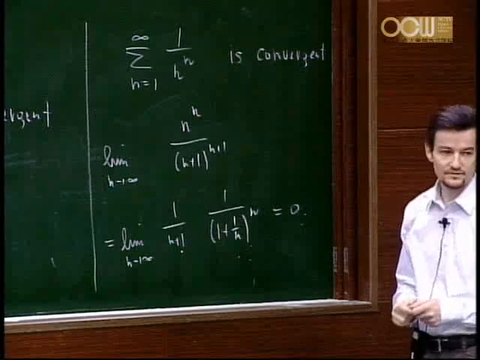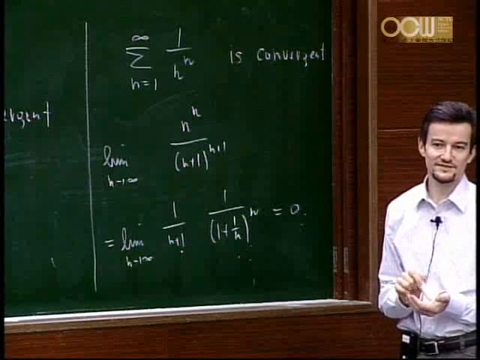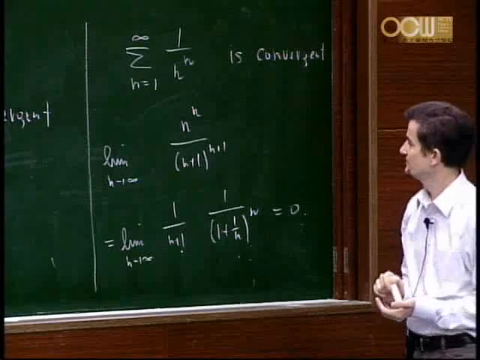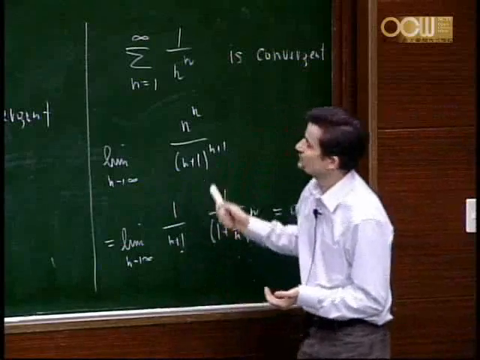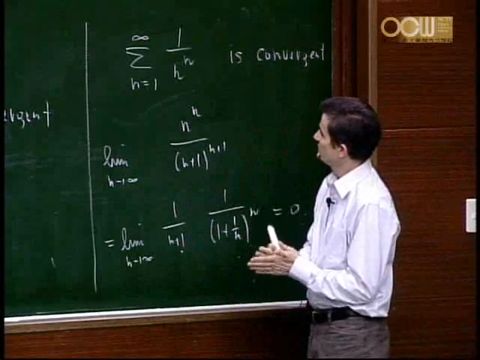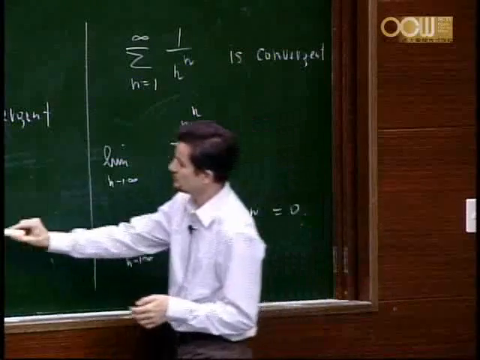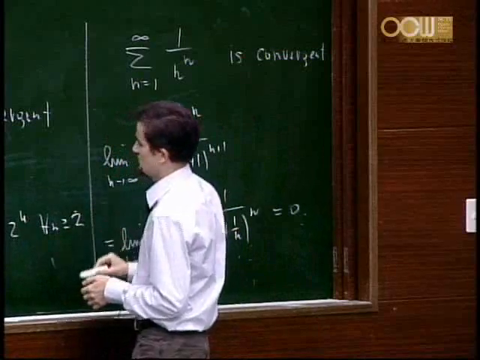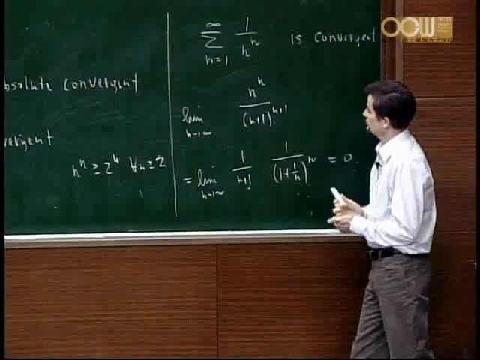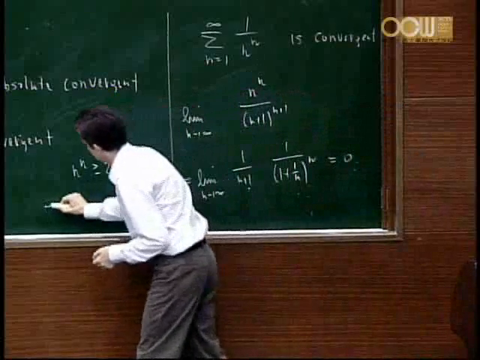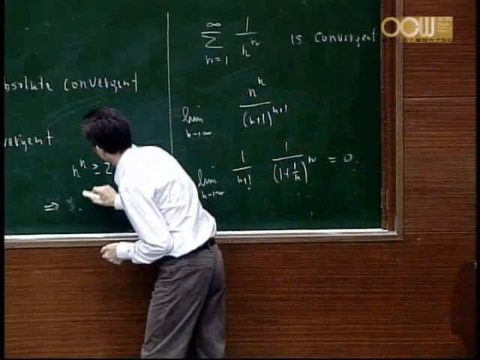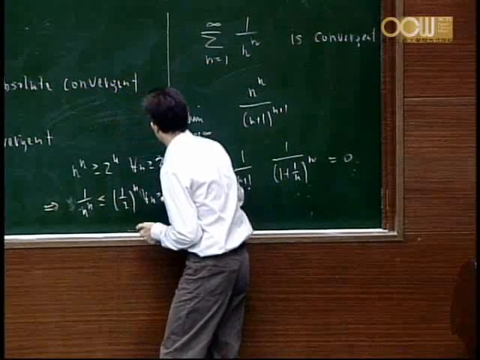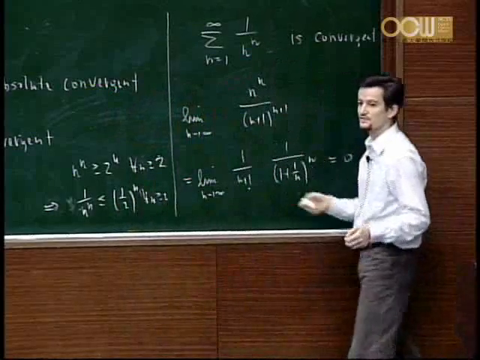But actually, who sees a much easier way to do this? For this case, this is not the best method, because you can compare: 1 over n to the n is smaller or equal than (1/2) to the n. This is convergent, so that would be easier.